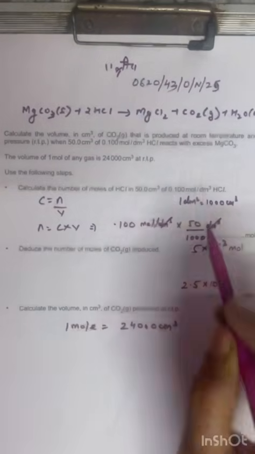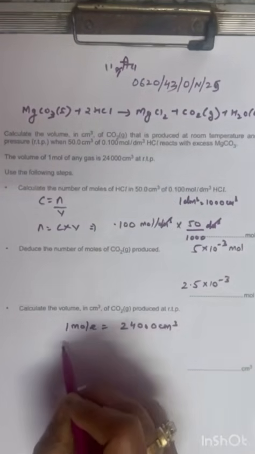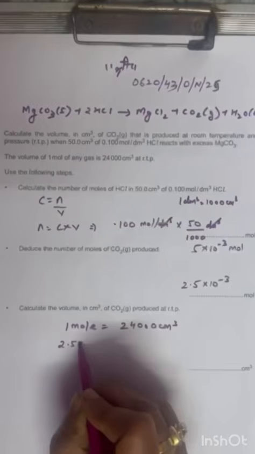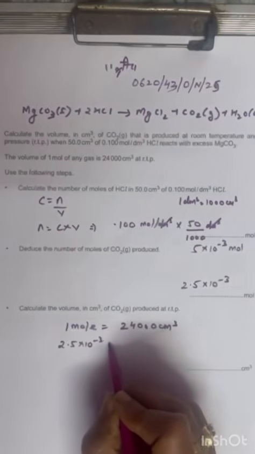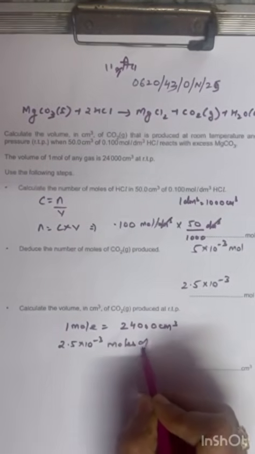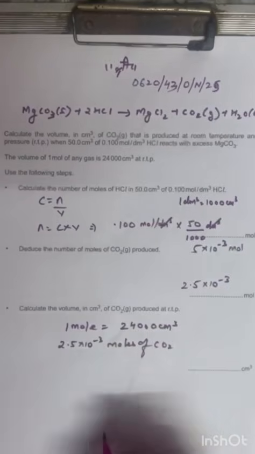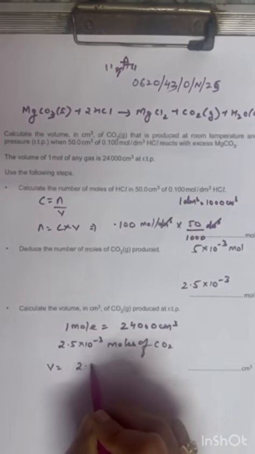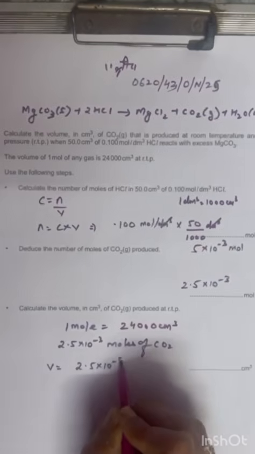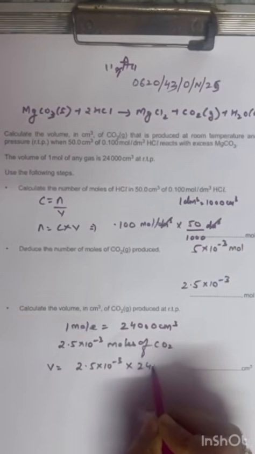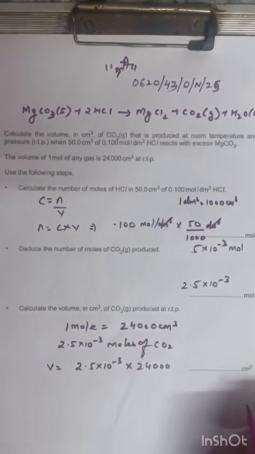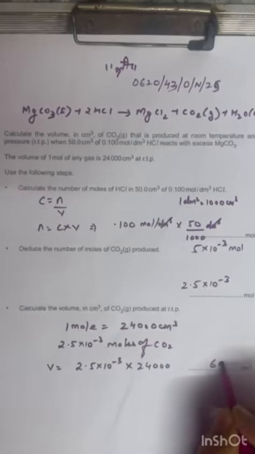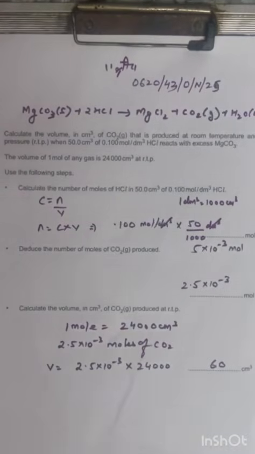In this particular reaction, we have 2.5 into 10 to the power minus 3 moles of CO2. So if I need to find out the volume, I will simply multiply 2.5 into 10 to the power minus 3 multiplied by 24,000, and my answer will be 60 centimeter cube. So this is the answer.